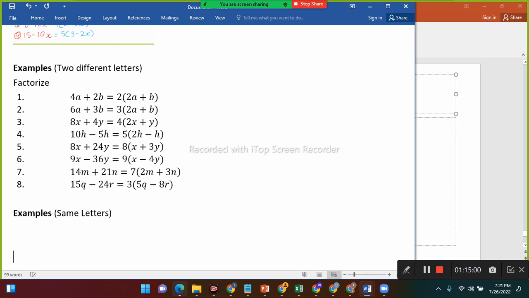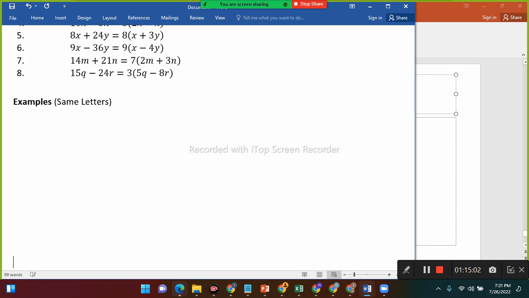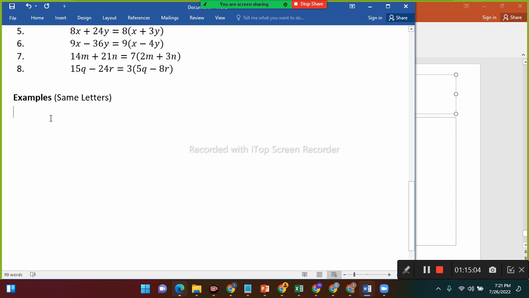So the instruction is plainly to factorize. So we're going to begin with example number 1.